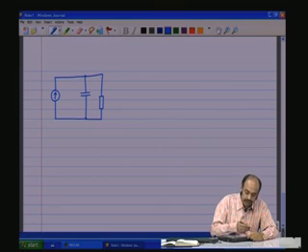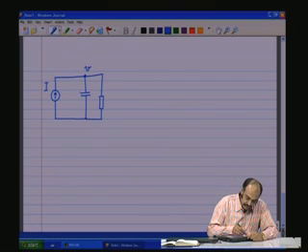Let me take a dual of that circuit. So, I am going to have an I, this node is going to have a potential V, this is of course C and R, and this is going to give you an impedance or a capacitive reactance minus j x c.